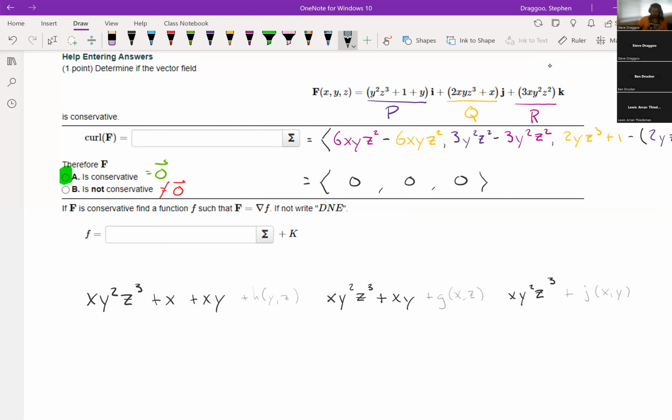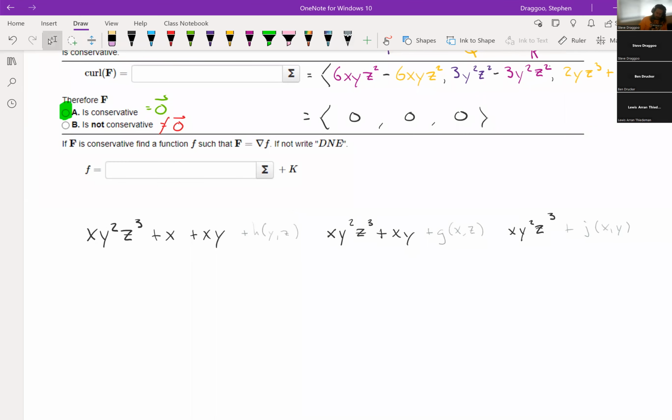Because again, if we took a z partial, we'd lose information about those terms. So these are our 3 incomplete guesses at what f is going to look like. And we'll use those 3 to reconstruct what the original function f should have looked like.